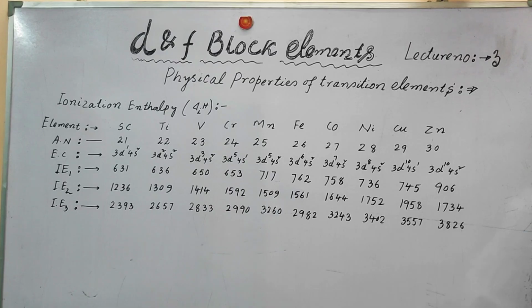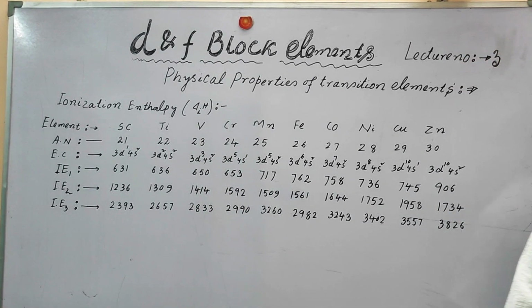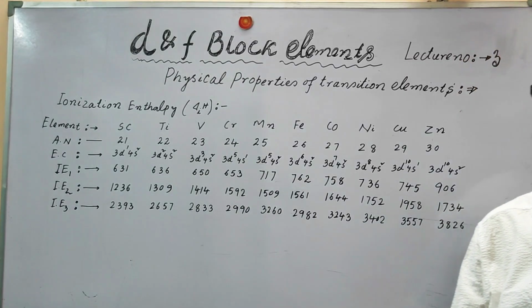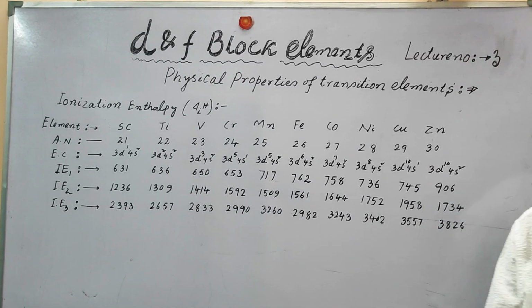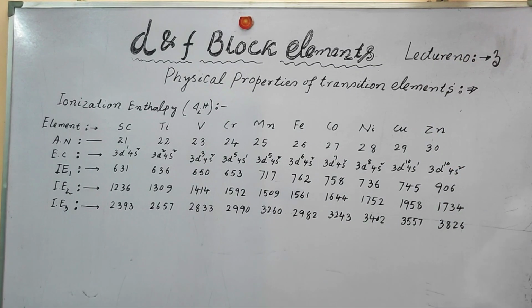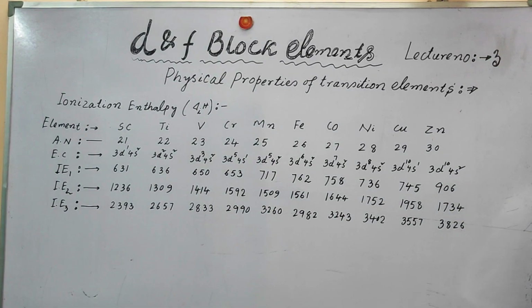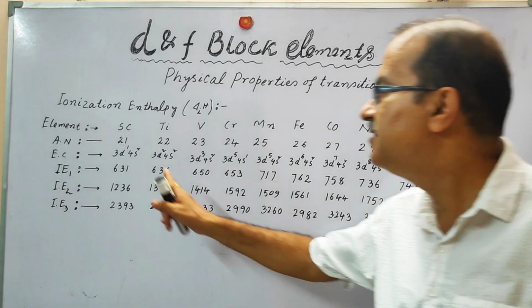What we understand from this table is that as we go across the series, when the nuclear charge is increasing, accompanied with electrons being filled in the inner d orbitals, there is generally an increase in the ionization enthalpy.